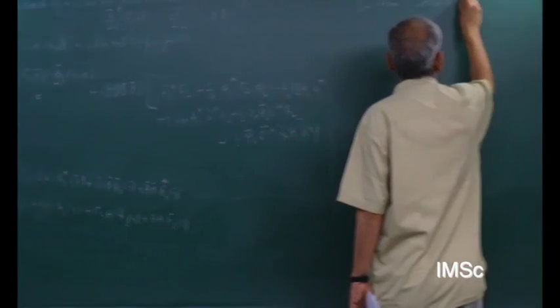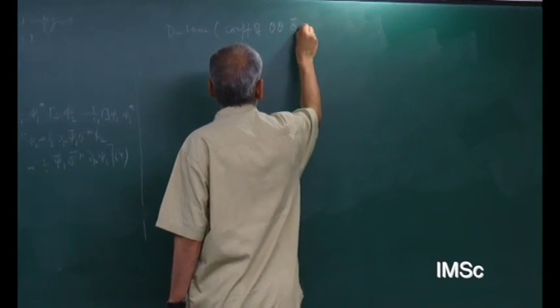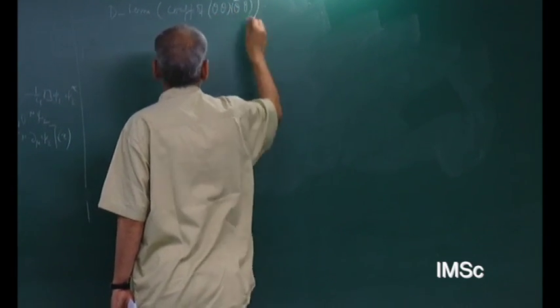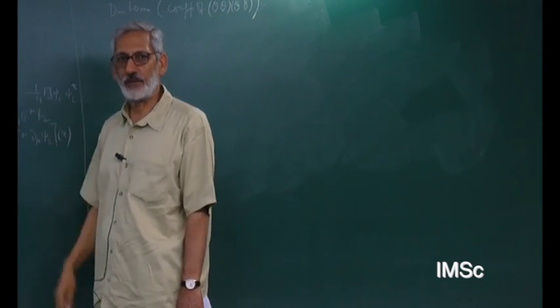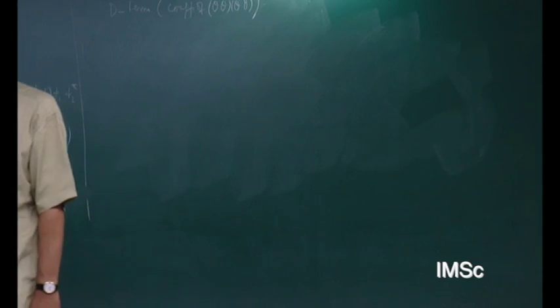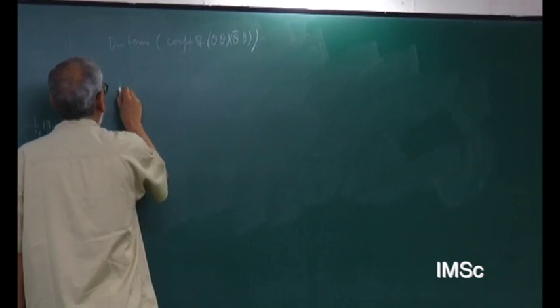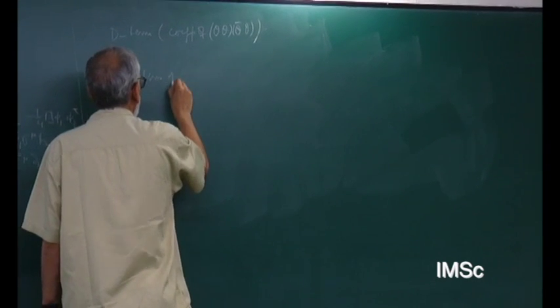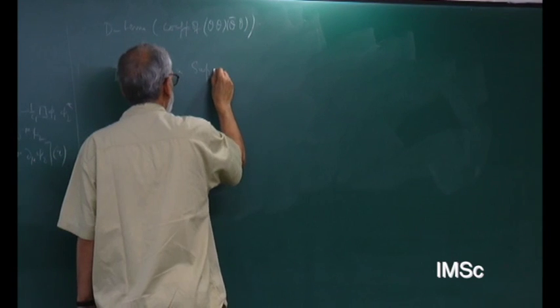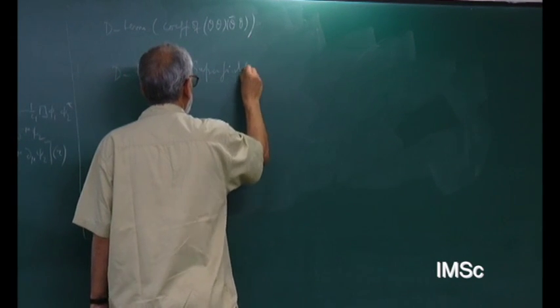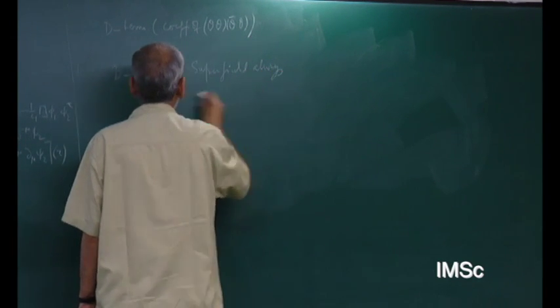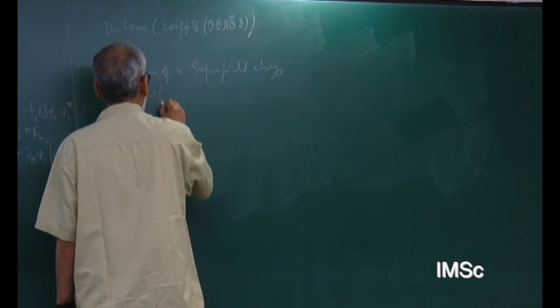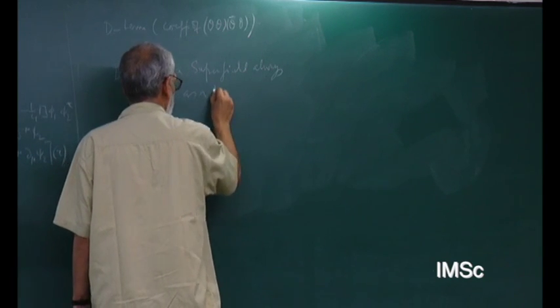Coefficient of theta theta theta bar theta bar, that's the name of this term. For the chiral fields, the coefficient of theta theta we called F term. F was given the name for that. This is given D term. D term of a superfield always transforms as a total derivative.